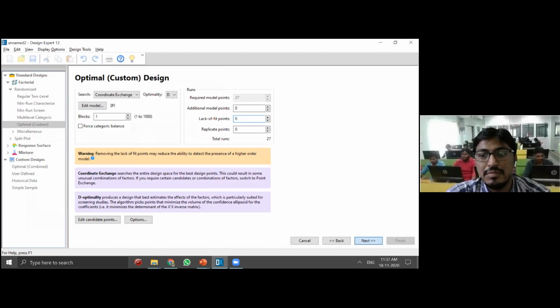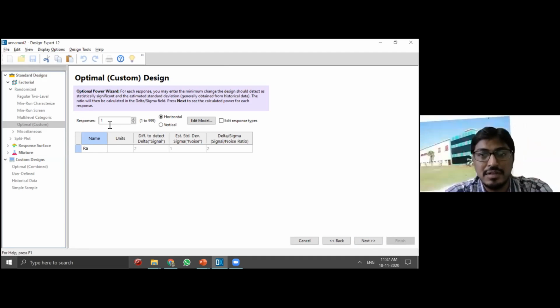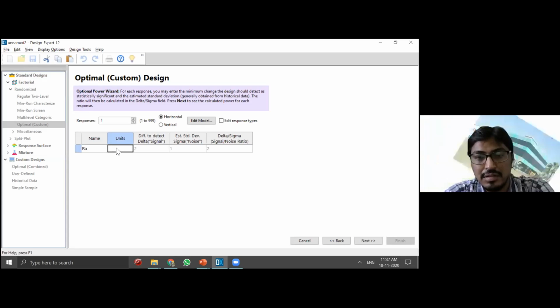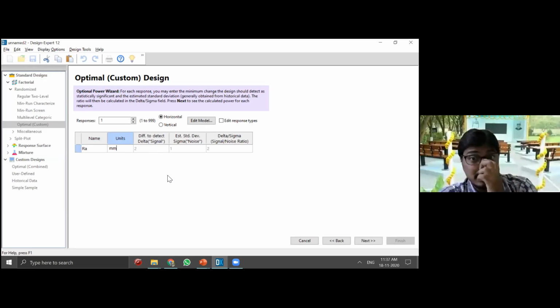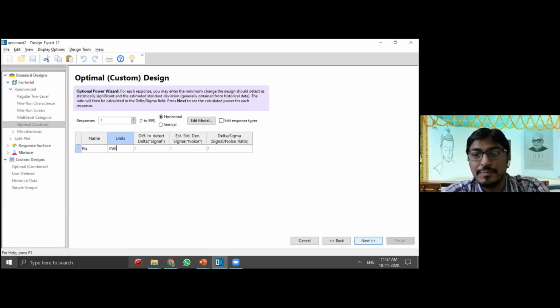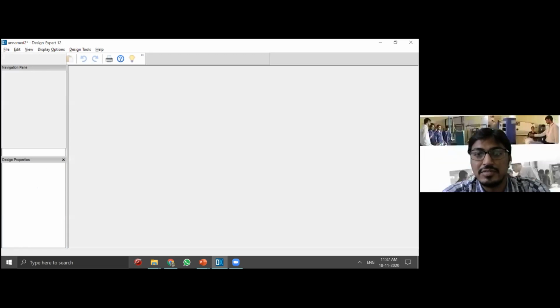Now, next, I'm giving the response. The response is surface roughness. Here, it can be in micrometers. I couldn't insert the symbol, but that should be okay. You can copy and paste the micrometer symbol from somewhere also. Then I finish it off.